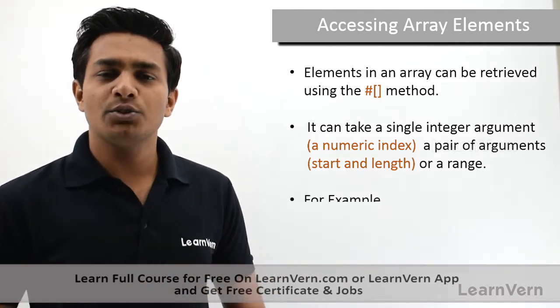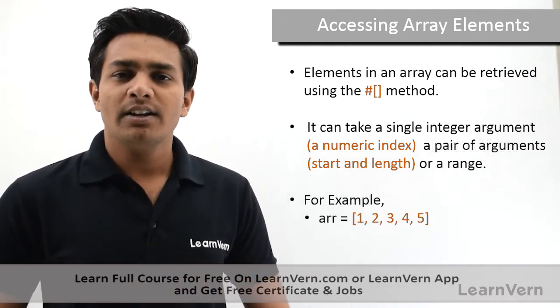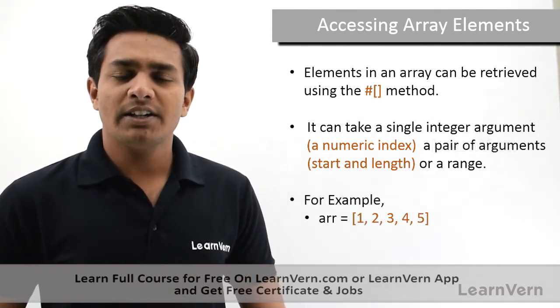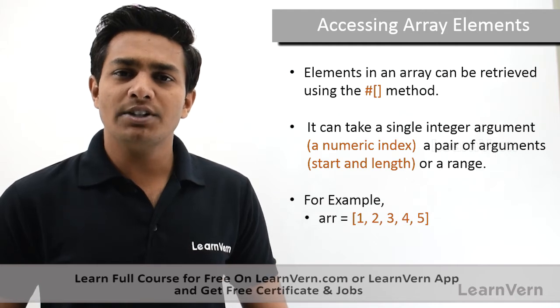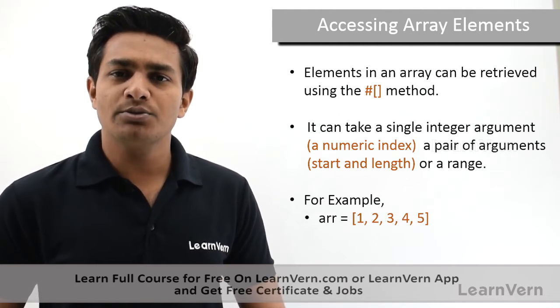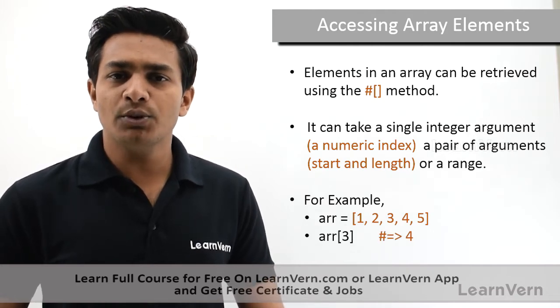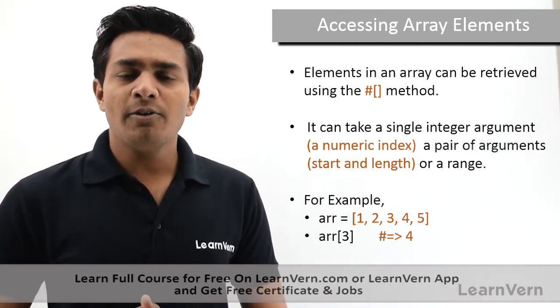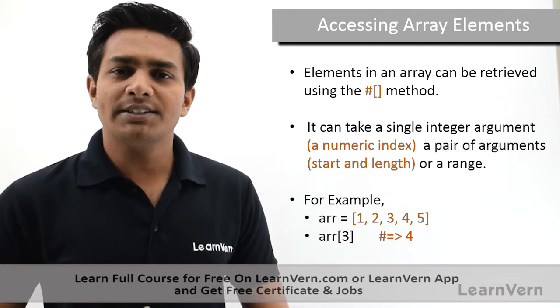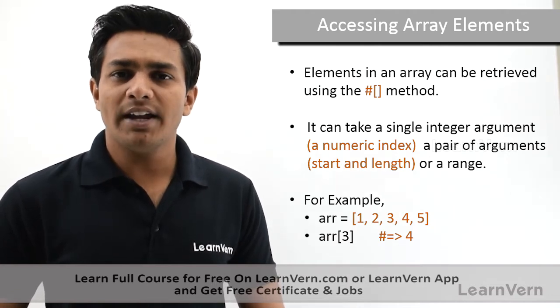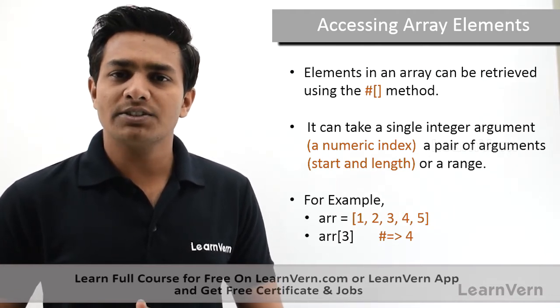Here on the screen you will see in the example I have created one array and it contains 5 integer values from 1 to 5. And in my first example, I want to access my 4th value. So I have passed 3 as an argument to my array. Why have I passed 3?